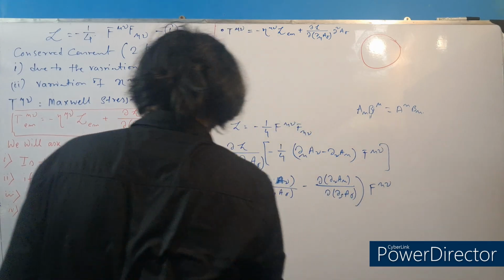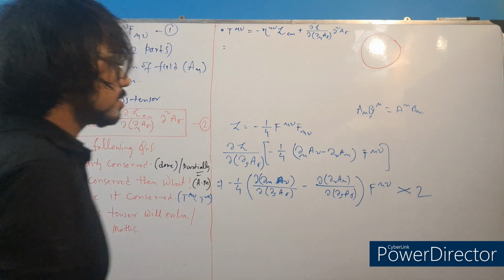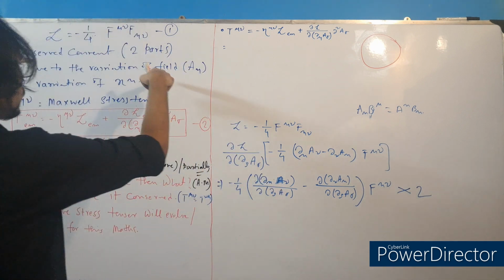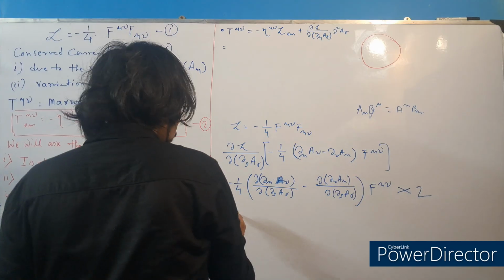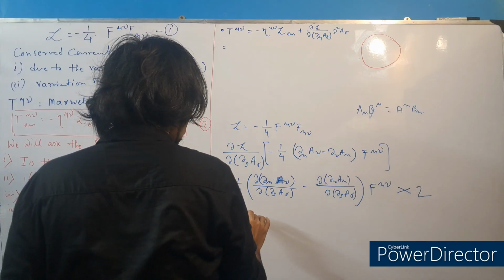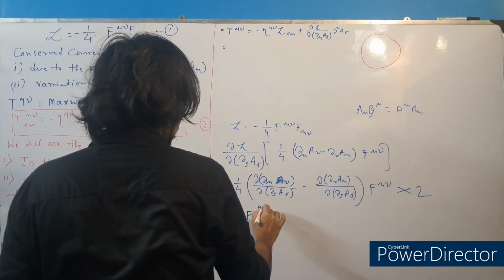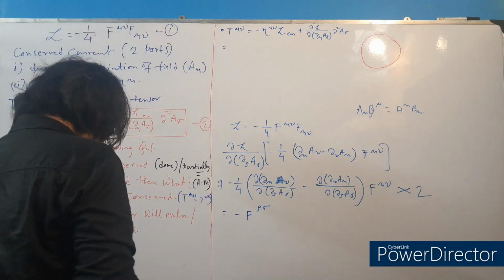I think you are already familiar with this if you saw the earlier video where I was talking about this part. So basically this whole thing will reduce to minus F rho sigma.